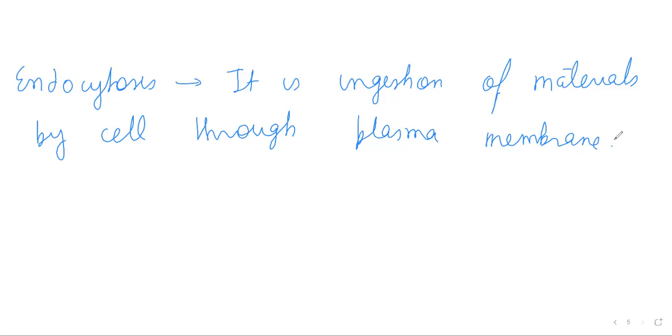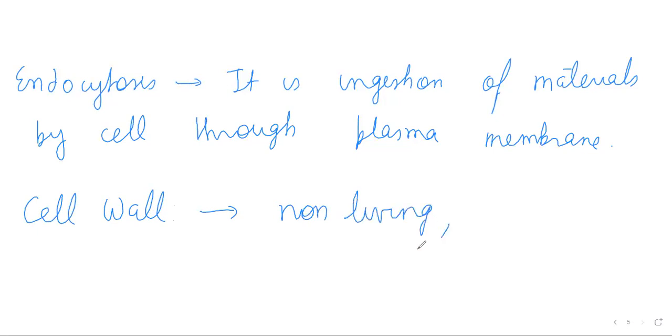Now let's write about cell wall. Cell wall is present only in plant cell. Cell wall is the outermost covering. Cell wall is non-living, and it is not selectively permeable, it is freely permeable.